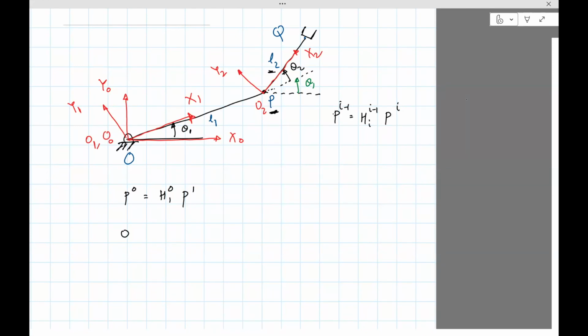And then if I want Q0, since Q, which is here, is related to frame 0 through frame 1, I need to use two of those transformations. It will be H10, H21, Q2, because Q is technically attached to frame 2.